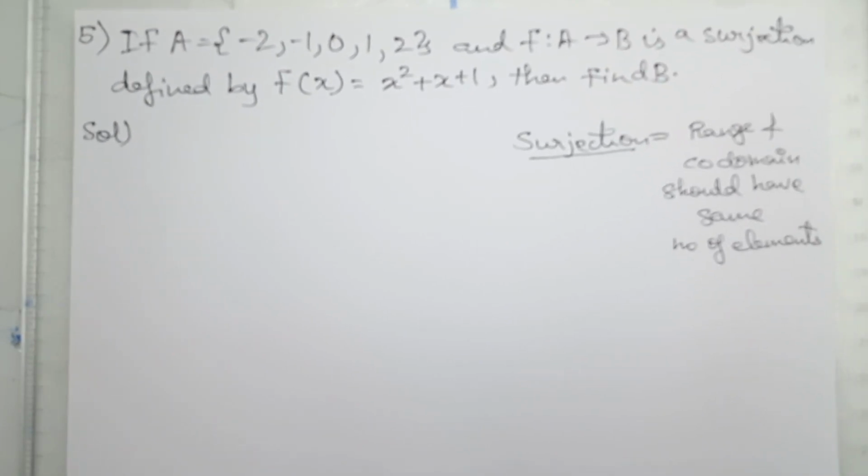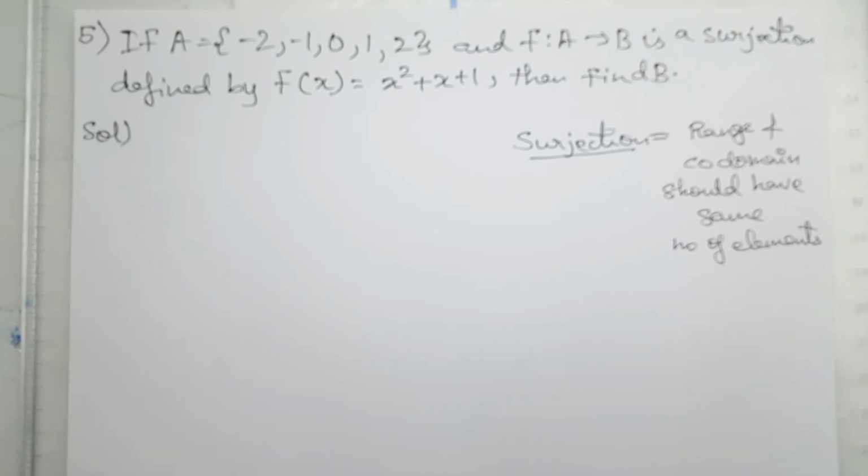Surjection is nothing but if the f maps A to B have the range and a codomain of same number of elements, then it is called as a surjection.